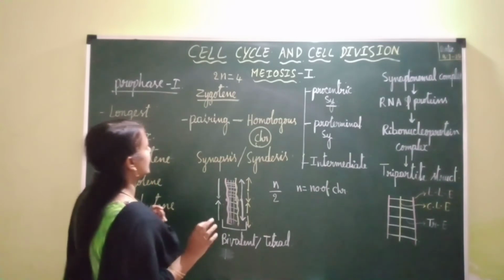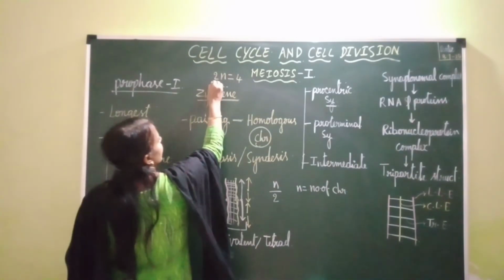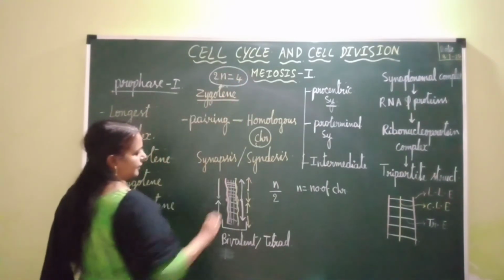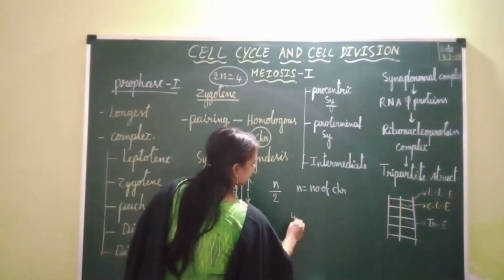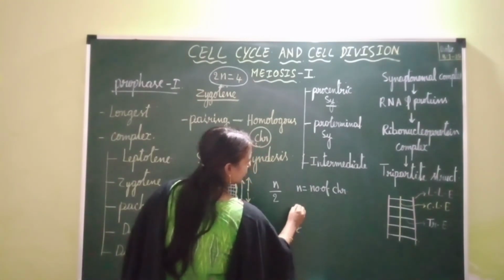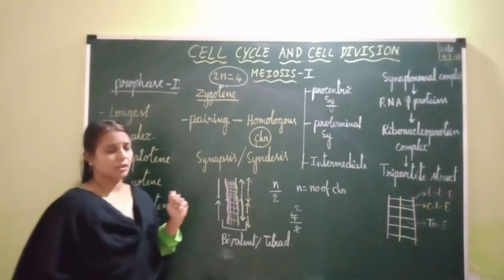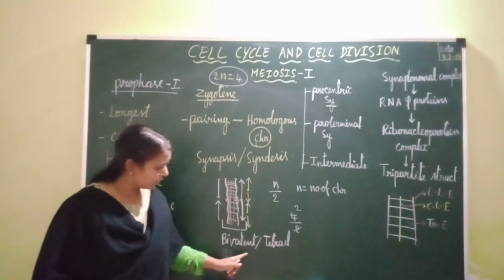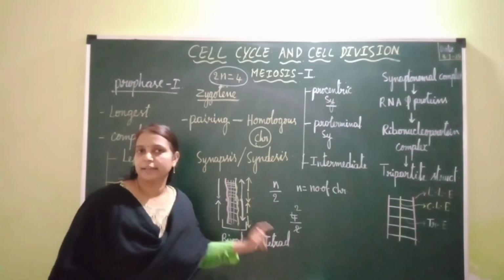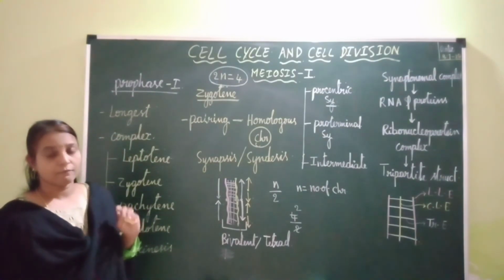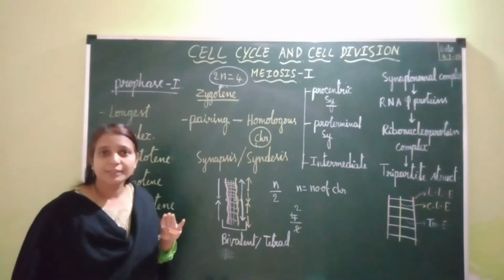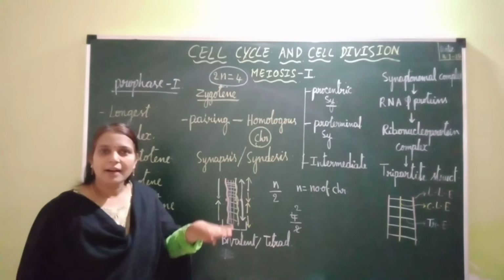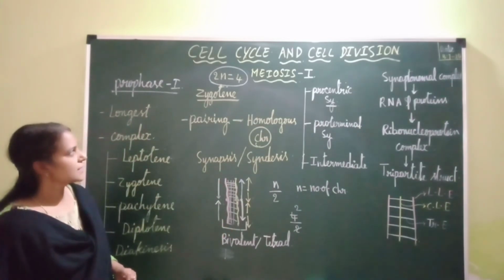Let's say in this cell 4 chromosomes are there. So how many bivalents will be there? 2 bivalents, or 2 tetrads. So the number of bivalents equals the number of tetrads present in that cell, whereas the number of bivalents or tetrads is half the number of chromosomes present in that cell.